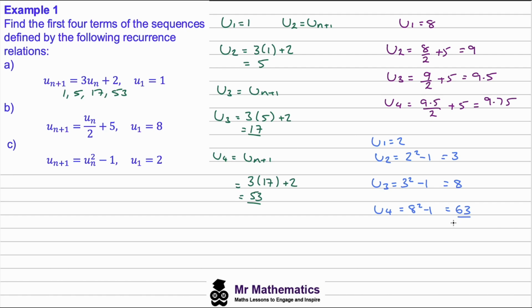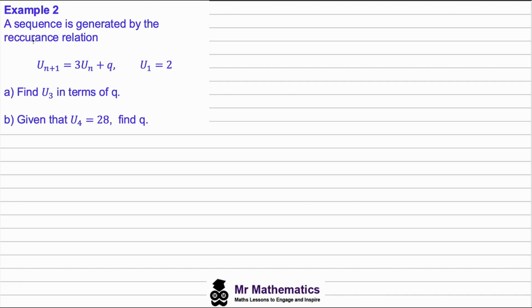In example 2, we're going to look at an exam style question. So we've been given a sequence defined by this recurrence relation, and we've got the first term as u1 equals 2. We need to work out u3 in terms of q, and then given that u4 equals 28, we need to find the value of q.